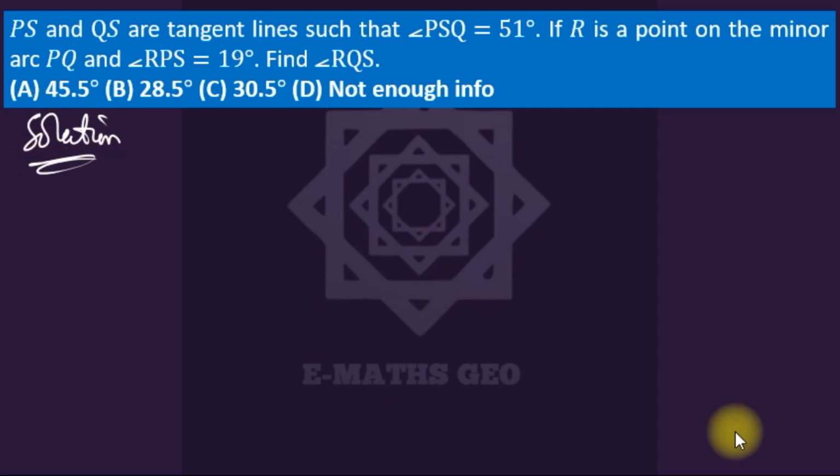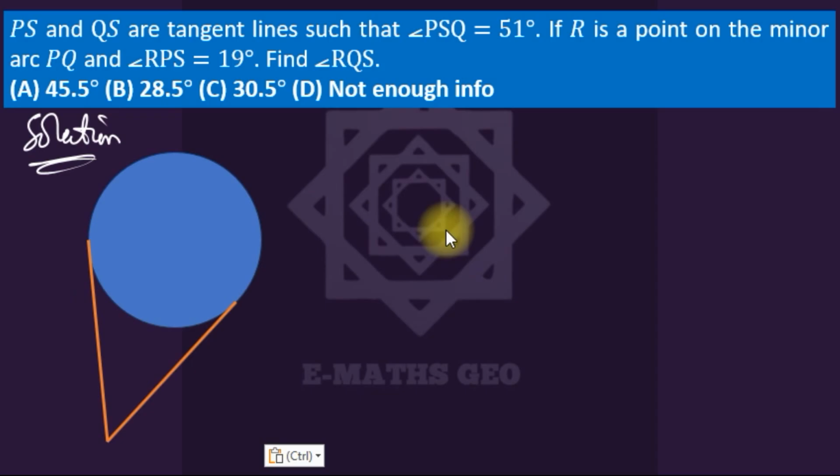Let's draw a circle and tangent lines. We now have tangent line PX, because they told us the angle is 51. So tangent lines QS and PX intersect, making an angle of 51 degrees.